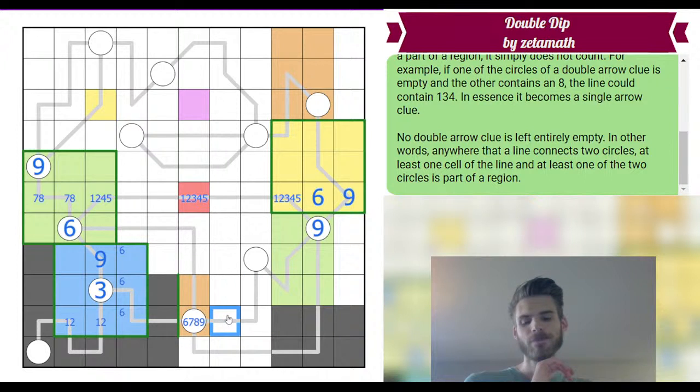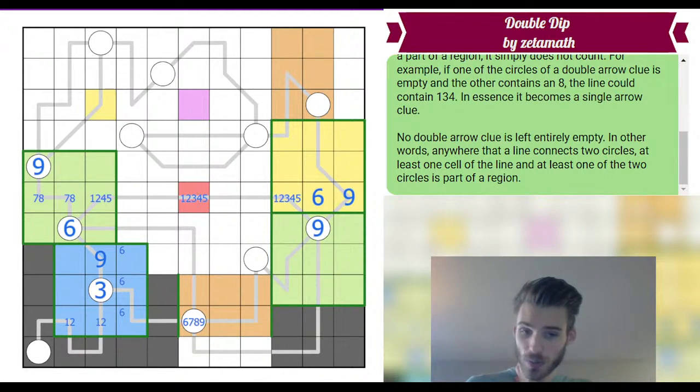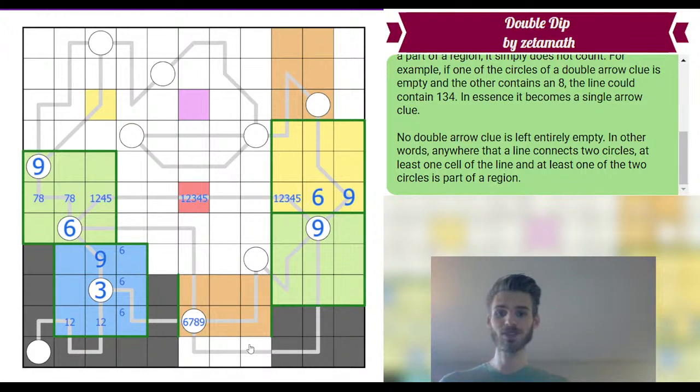Oh wait, why did I push orange up but not push orange over? This orange goes over, so this green goes over, so green's entire shape is fixed, which I didn't notice. How odd that I didn't notice that an entire shape is fixed. Oh, you know what is sus?